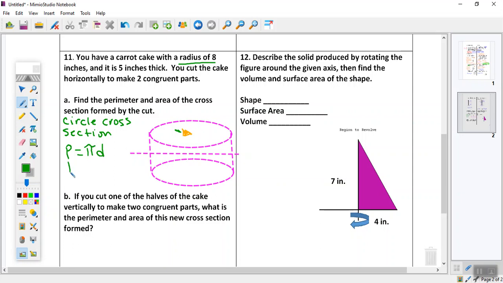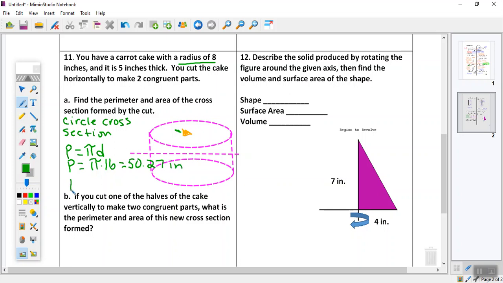Okay, so you want to go pi, your perimeter is equal to pi times 16, 50.24-ish. 50.27, okay. And that would be inches.